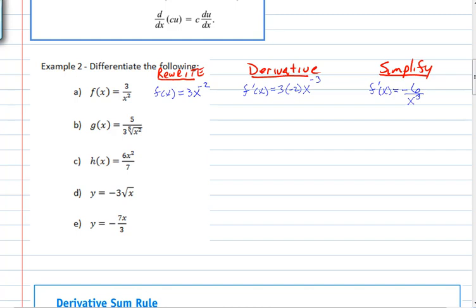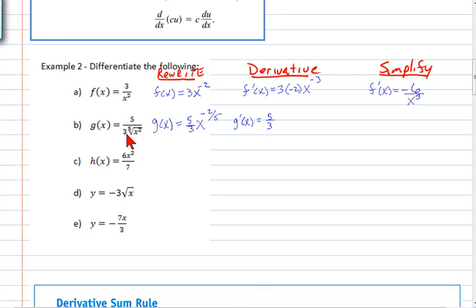All right, g of x. Rewrite the function. g of x is equal to 5/3 x to the negative 2/5. When I take the derivative, we get g prime of x is equal to 5/3. By the way, do you see why that 3 stayed in the denominator? It's a constant. It's not a function of x. I don't need negative exponents to move it.